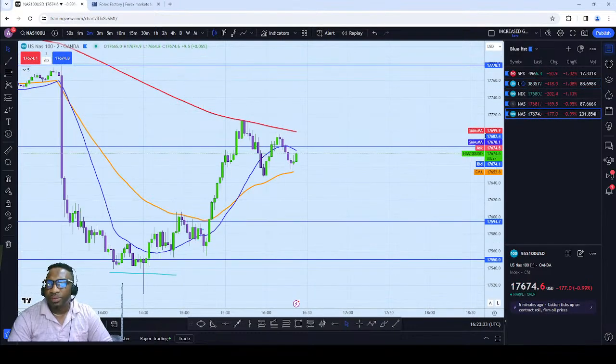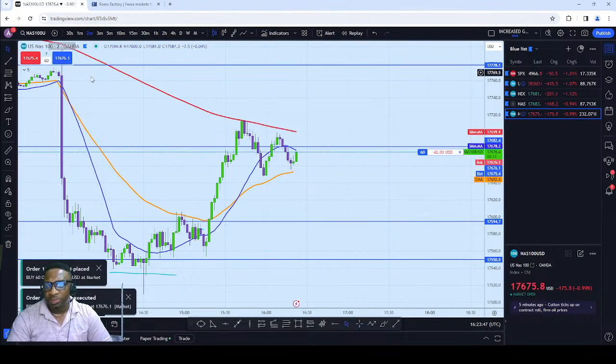This last purple candle has been taken out by this one, so I might just put in another position. My stop loss will go below here.